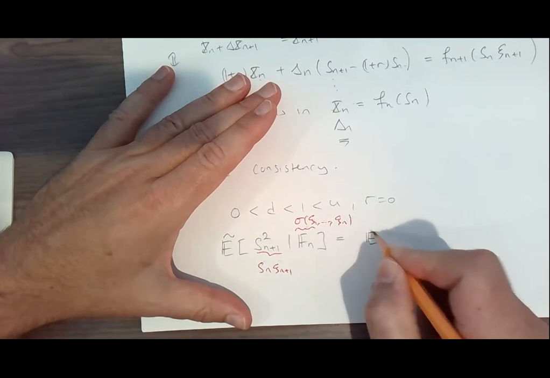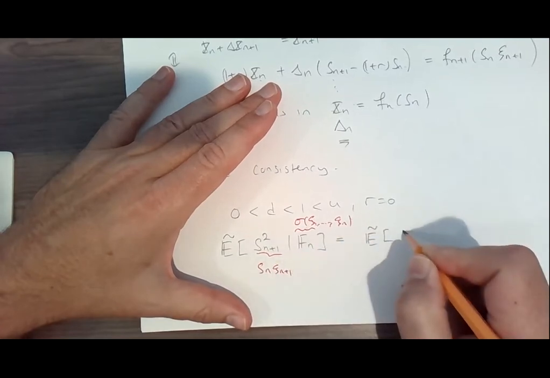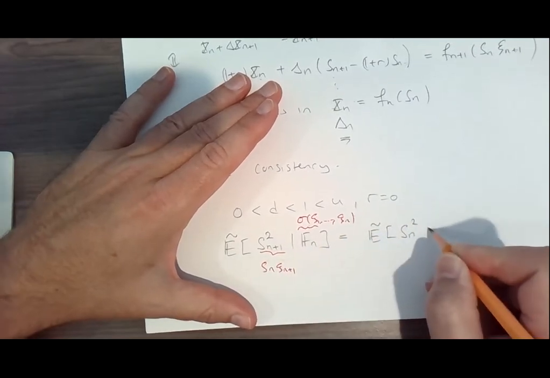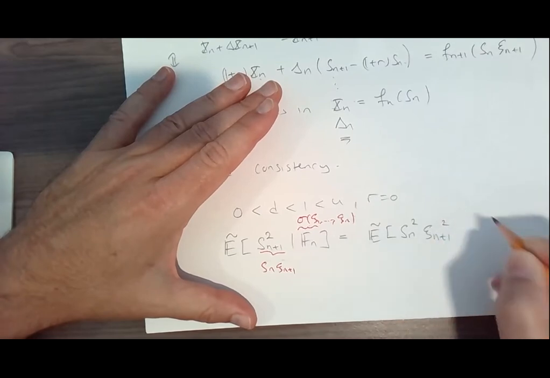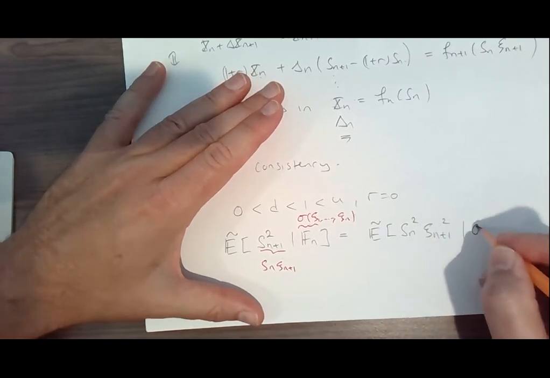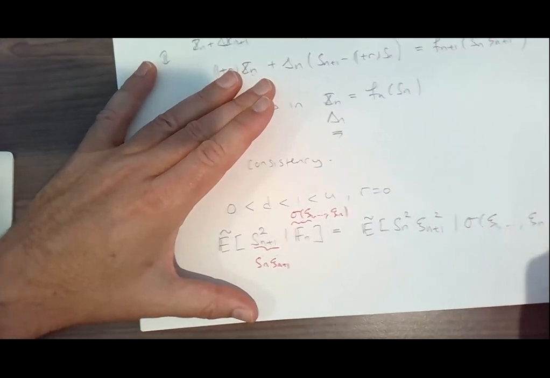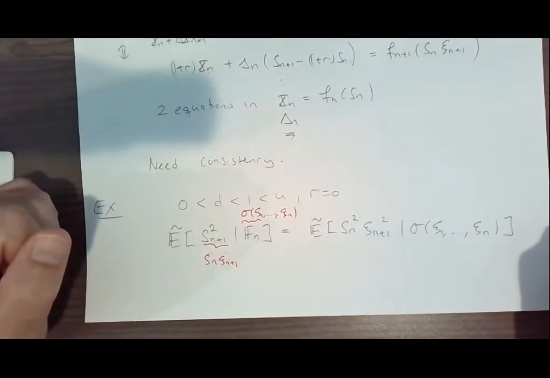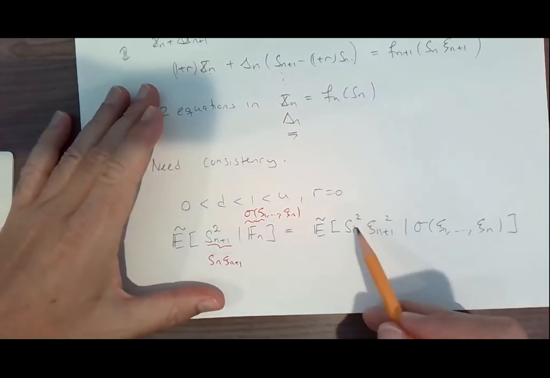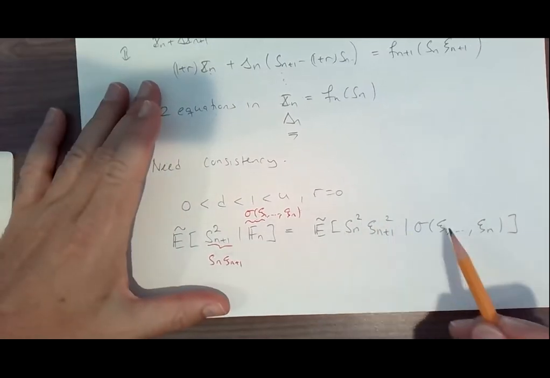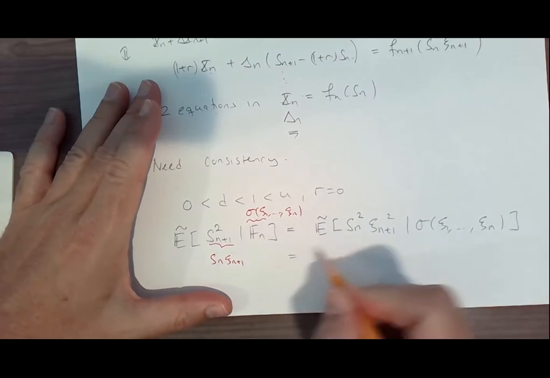So we get the conditional expectation to be Sn squared psi n plus 1 squared given the sigma algebra generated by the first n coin flips. And so what we'll use now is what we use a bunch of times, that the first part here is measurable, so we can move it outside.